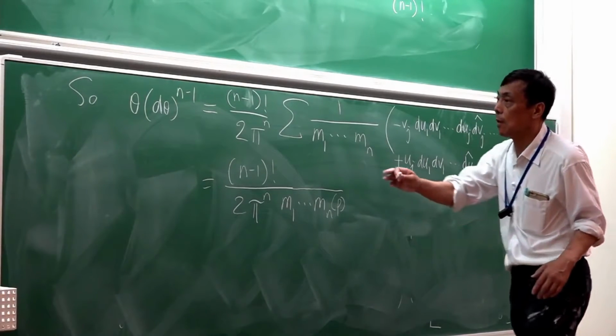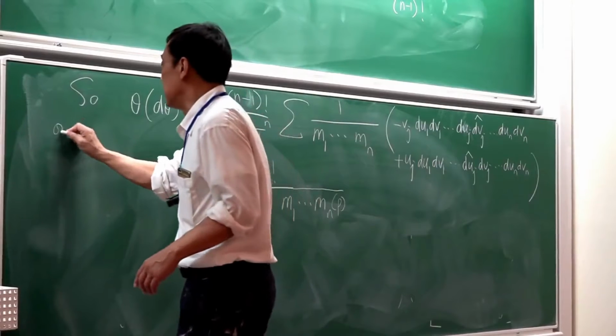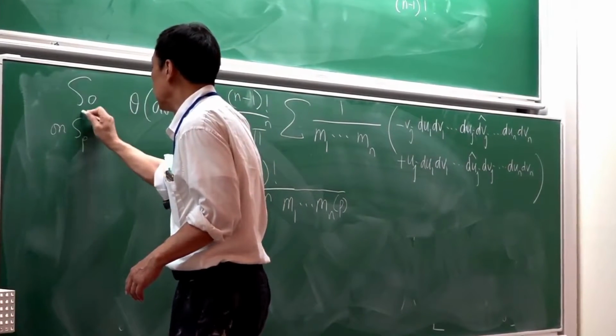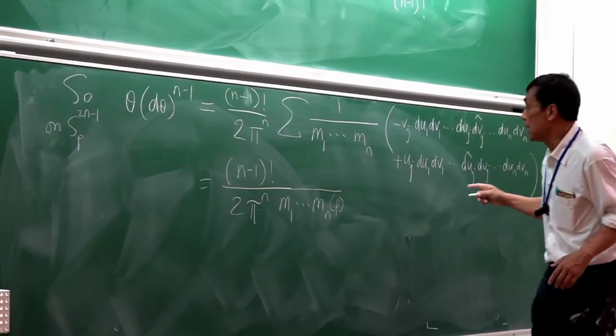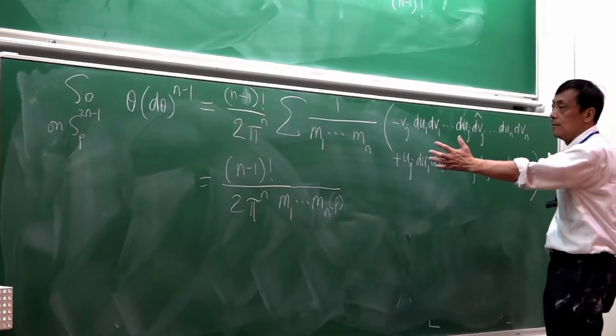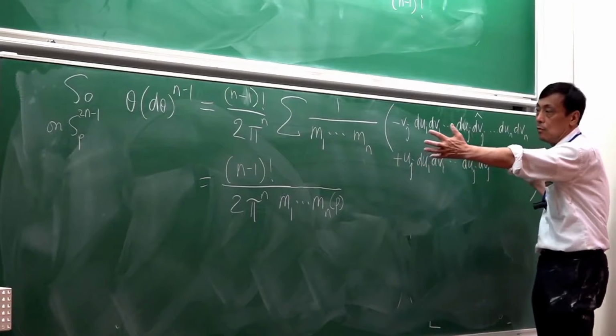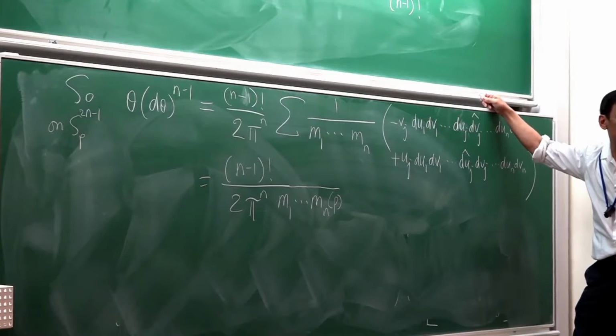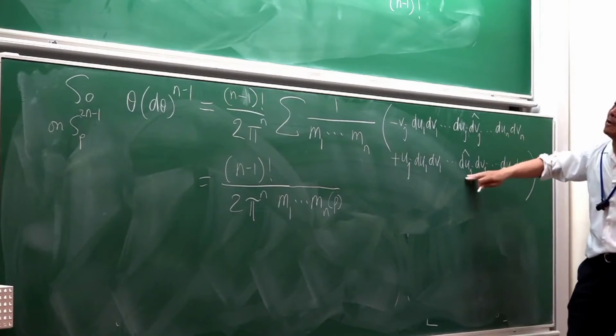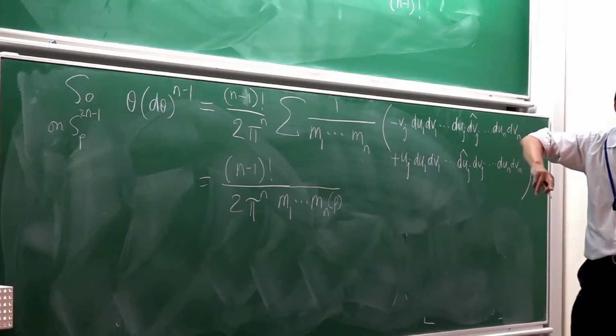Yeah, this is on the sphere S^(2m-1). And then what is this? The sum of all these (2m-1)-forms, yeah, it's precisely the volume form of the sphere, right?